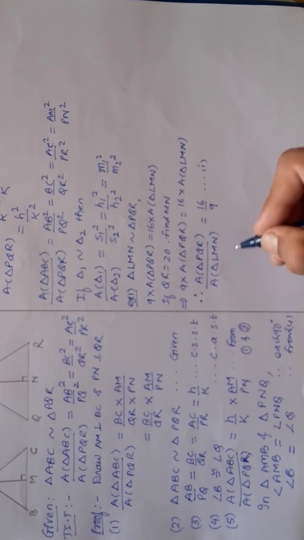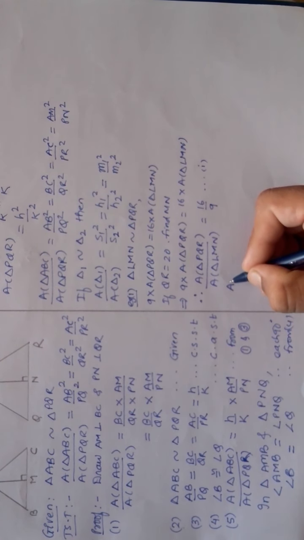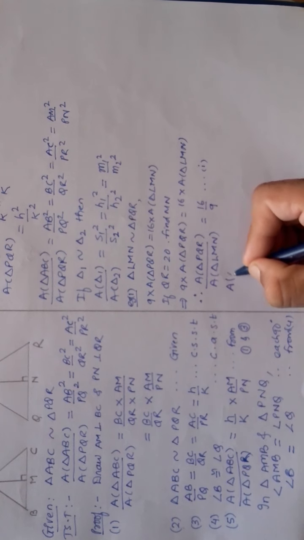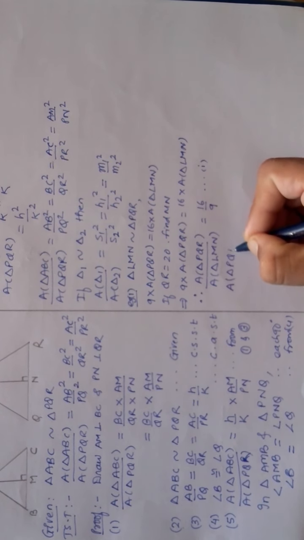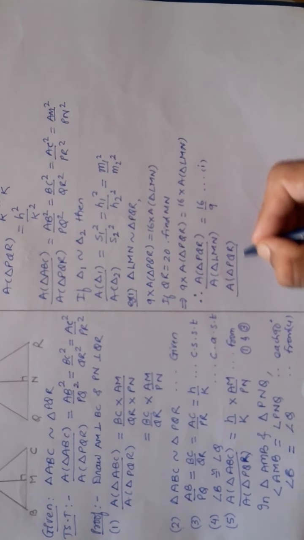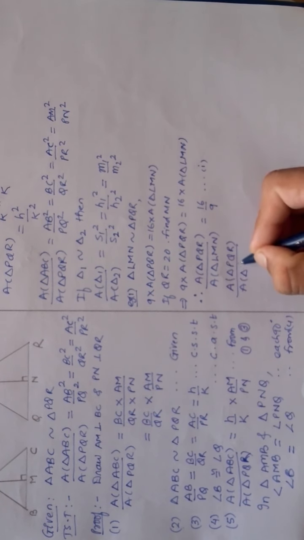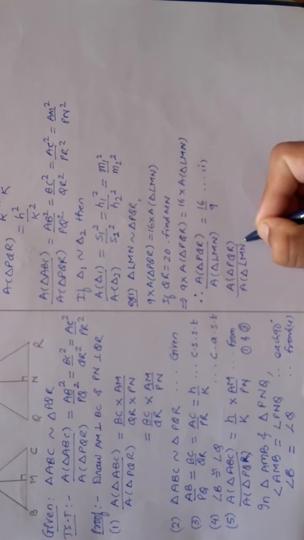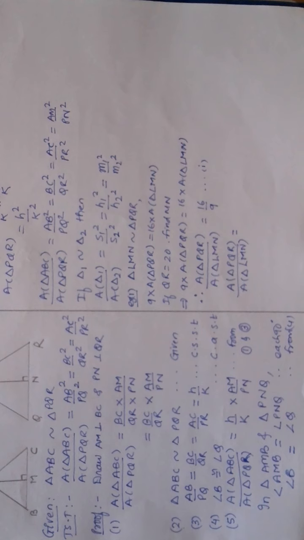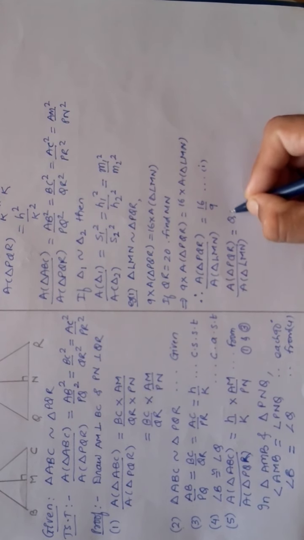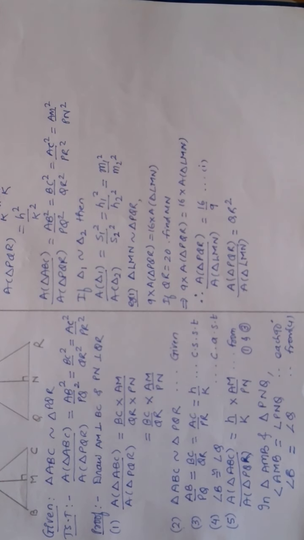So I know that the area of triangle PQR is to the area of triangle LMN will be equal to, whom to take? We have decided, that is QR square, because these two triangles are similar.